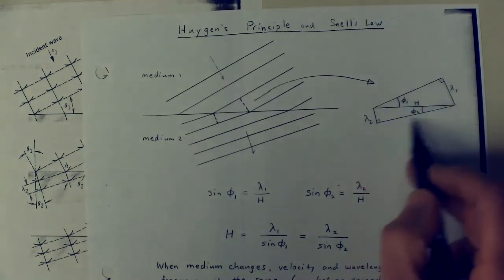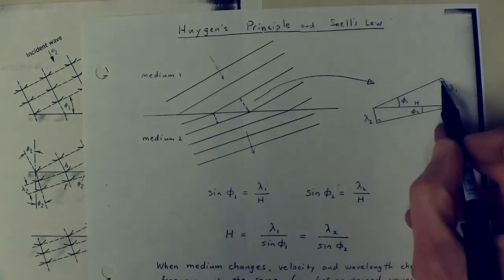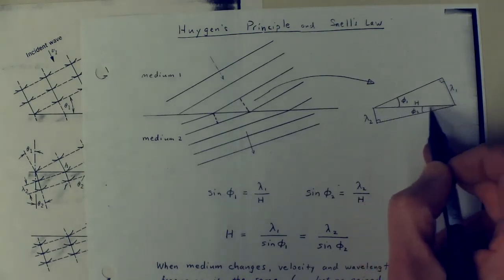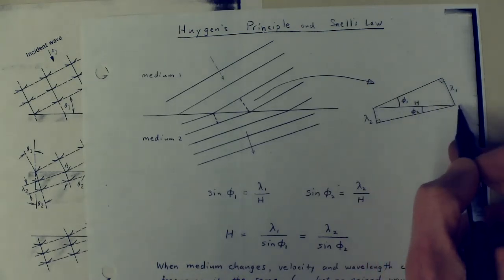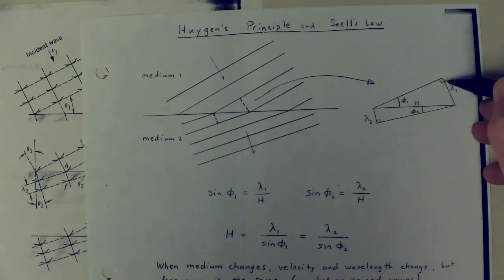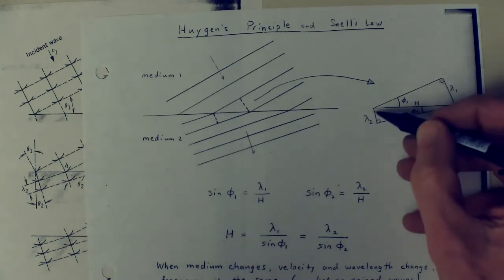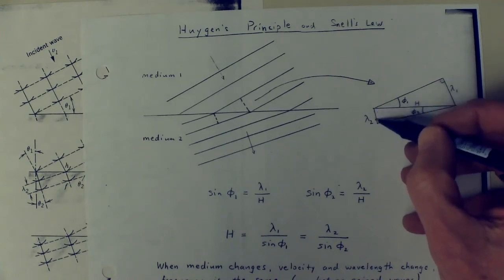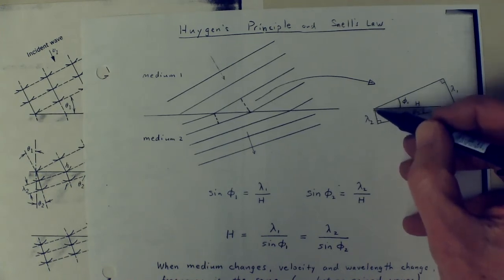We'll get a totally general relation this way. So looking at these triangles again, here's a right angle in both of these. So they share a hypotenuse. I've labeled that as H. And out here is the wavelength in material 1, and here is the wavelength in material 2. That's one wavelength worth.